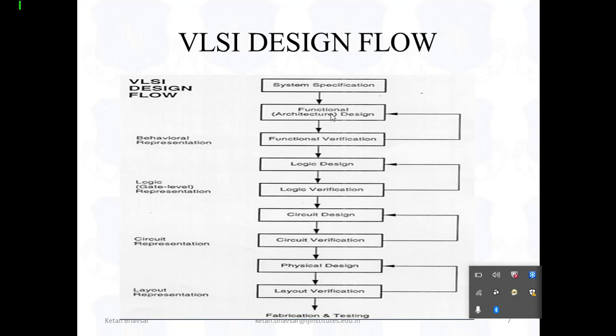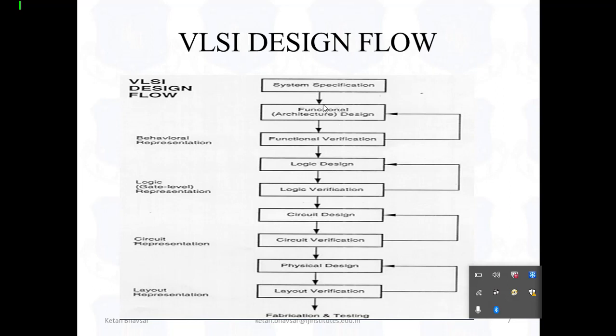After completing the behavioral, logical and structural representation, we have to move on to the physical design. Physical design verification also plays a main role as per your application. As I already told you, if you have an area constraint, then according to that you have to choose a particular microprocessor and controller. Fine, you have to go with the DIP package, quad package, QFP package, TQFP package, and then you have to start the fabrication.